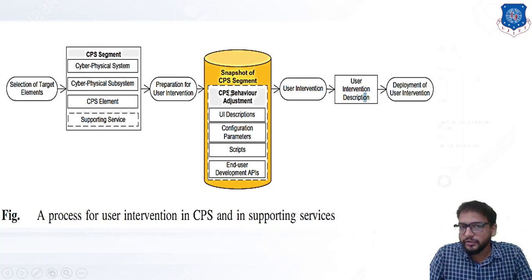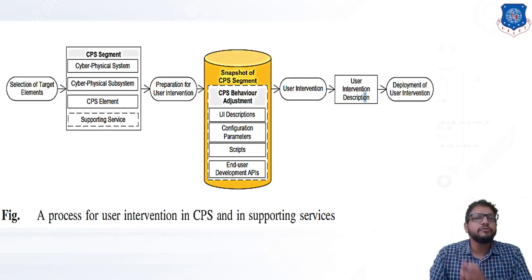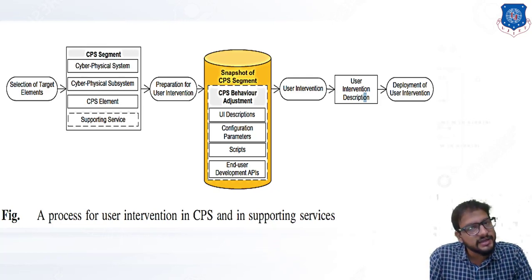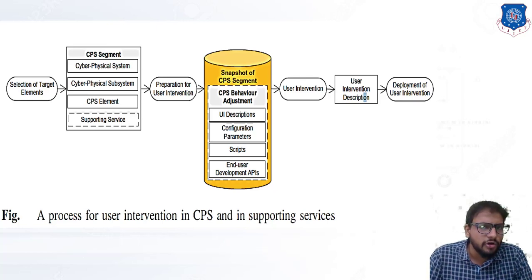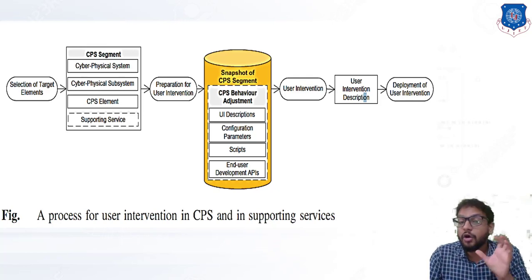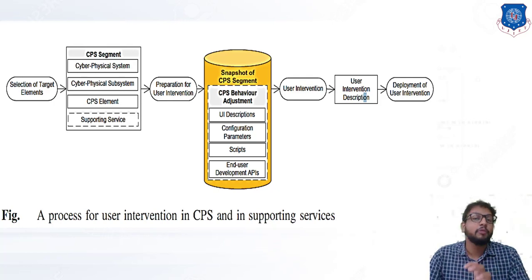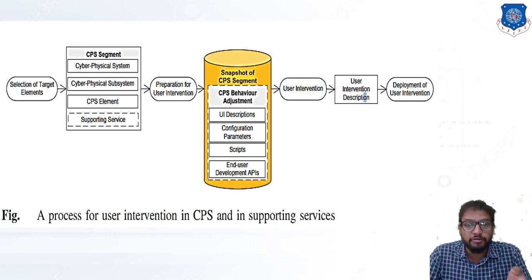How can we do that? There are two possibilities to do a user intervention. First of all, we can deactivate the entire CPS element. So a deactivation task would be required, or else we can take a snapshot of the CPS element where it faces the problem, which means a snapshot will contain all the information regarding the problem so that it can be utilized for a user intervention later on, right?